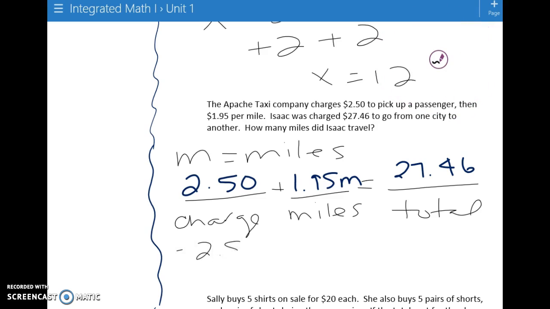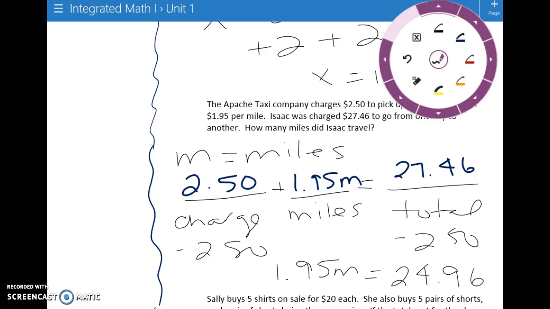We'll subtract $2.50 on both sides. So $1.95M equals $27.46 minus $2.50, which is $24.96.